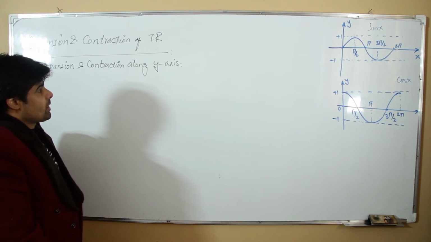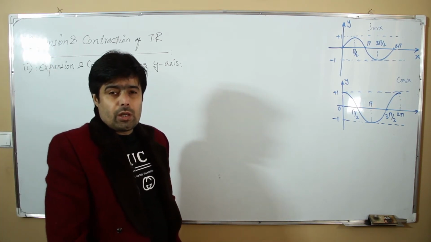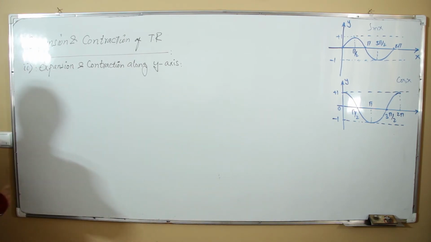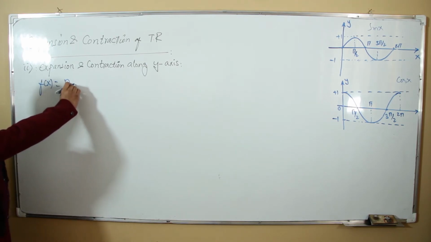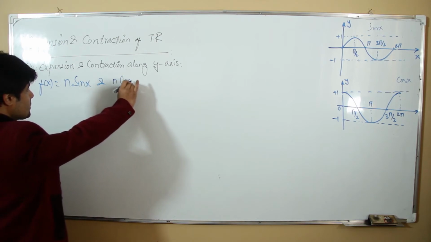Expansion and contraction along the y-axis. By the way, whenever you're talking about expansion and contraction along the y-axis, the graph looks like f(x) = n sin x and n cos x.